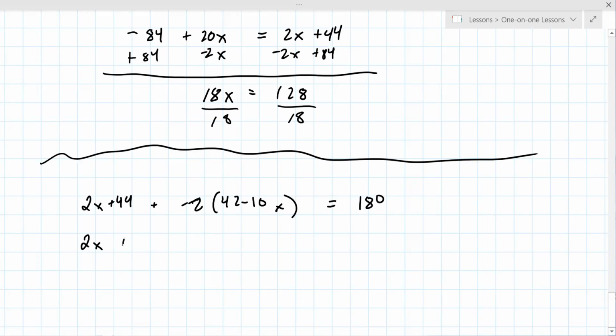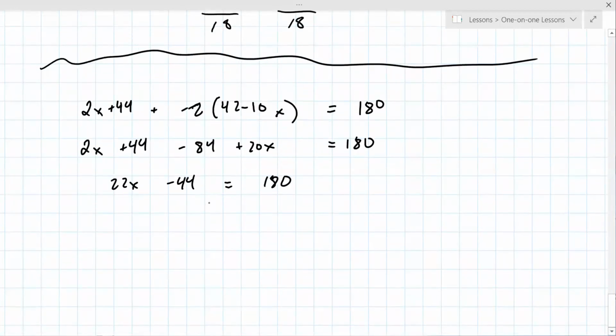We'll talk about why this is right if it actually works here. So it's -84 plus 20x equals 180. These two together give you -44. 22x equals 180. So if you add this, you get 224. And I don't think that goes in there either.